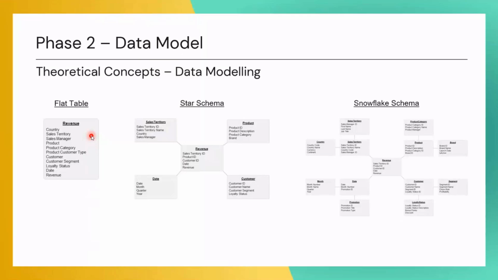Let's assume we have a revenue table that contains some country, sales territory, sales manager information, but also product details, customer details. For sure, if you do some business management reporting on financial KPIs, always the date or some time dimension is important, and then we have the actual revenue numbers.